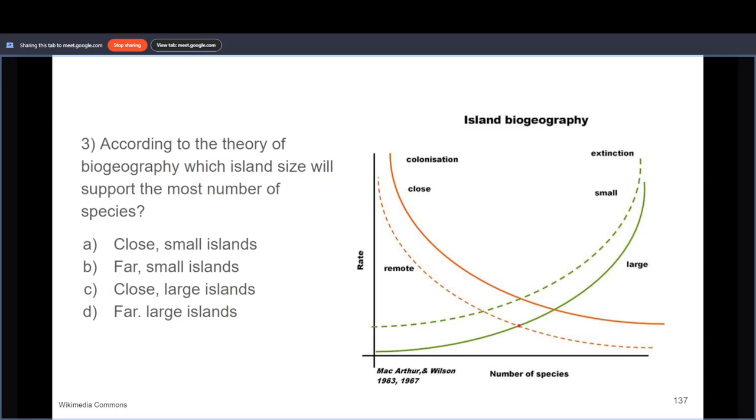And then you have large remote islands that have this number of species, which is almost the same as close small islands, right? Can you see this intersection? This intersection and this intersection has the same number of individuals, right? So you have large remote islands, which are large islands that are far away, that have the same number of species as the close islands that are small.